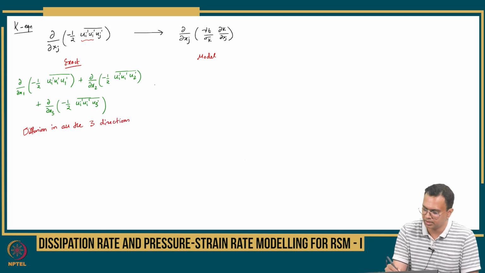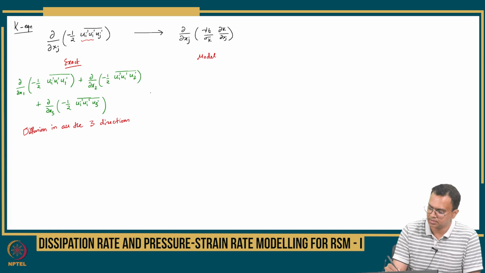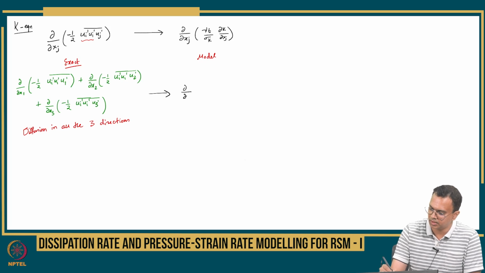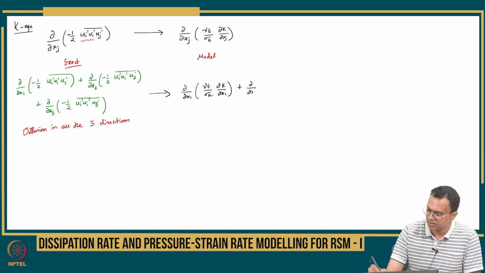This is what we wanted to model here, and this is modeled using a gradient of the turbulence kinetic energy. So if I expand this in the model, I get dou by dou x1 of mu t by sigma k dou k by dou x1, plus dou by dou x2 of mu t by sigma k dou k by dou x2, plus the diffusion in the third direction, dou k by dou x3.